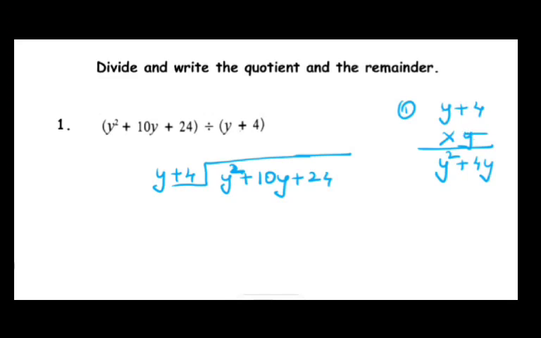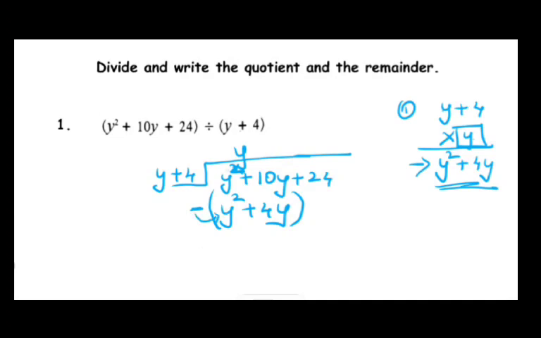So, what is my factor? It was y. What is it that I worked out? Y square plus 4y. That's from here. Put a negative sign that applies to the whole thing. Right? So, y has been applied to this.